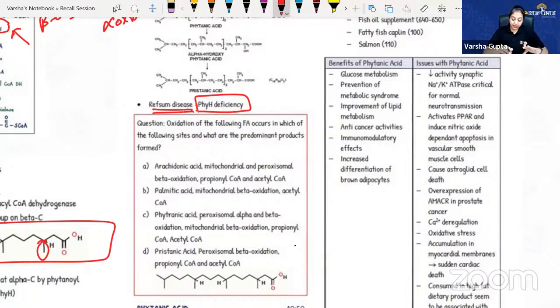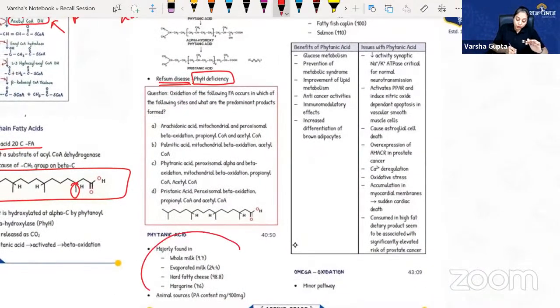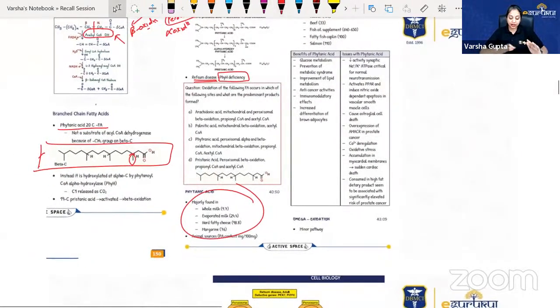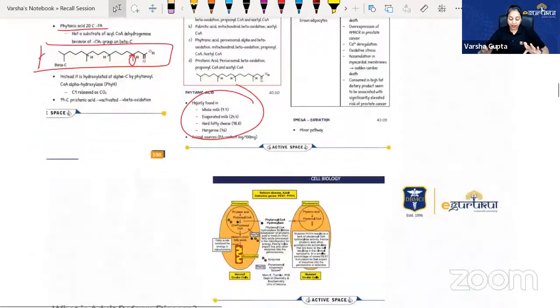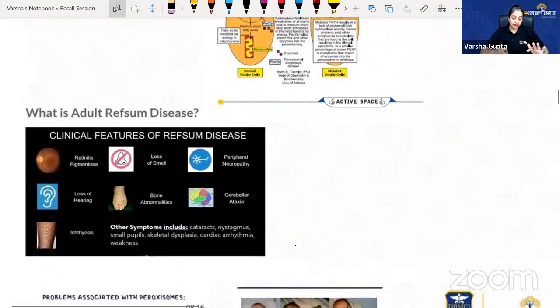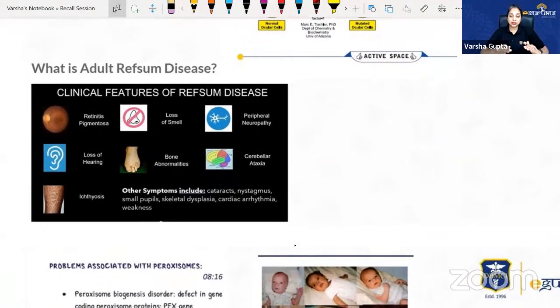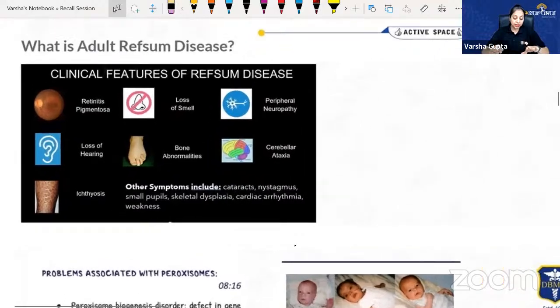That phytanic acid is coming from milk products. So if a person is suffering from Refsum disorder, the first thing is stop giving the dairy products. Okay, we have done this in detail in classes with all these tables and the figures, right? It is usually characterized when the person grows up, and then most of the sense organs are affected.